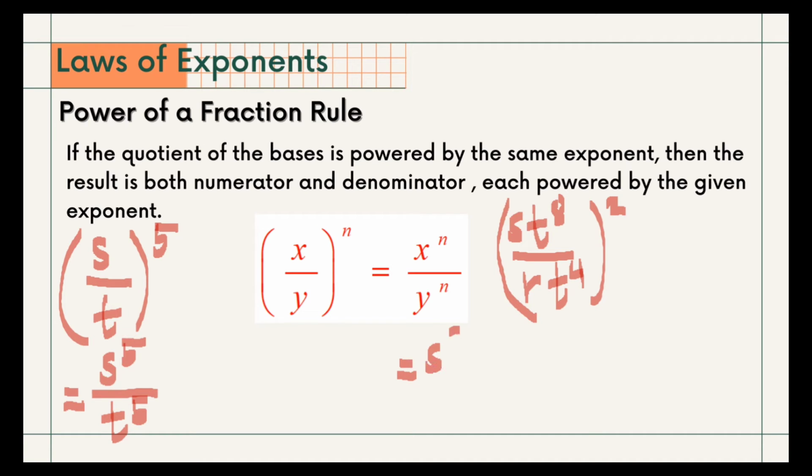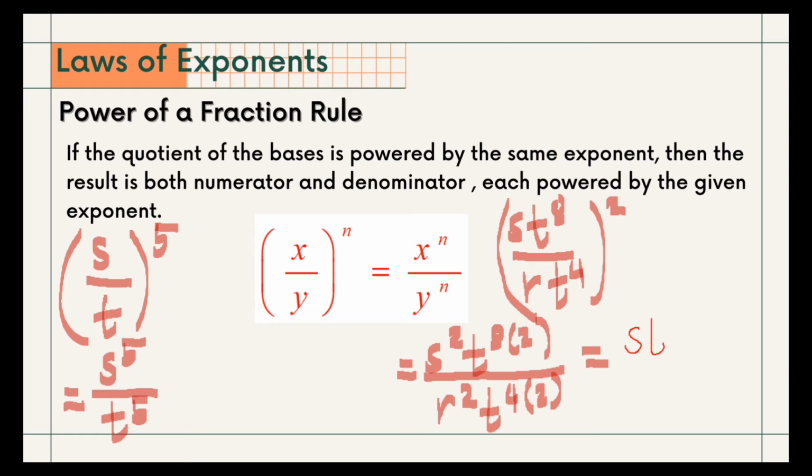So we have s raised to 2, then t raised to 8 times 2 over r raised to 2, and then t raised to 4 times 2. So that is equal to s raised to 2, t raised to 8 times 2, that is equal to 16, over r raised to 2, t raised to 4 times 2, that is equal to 8.